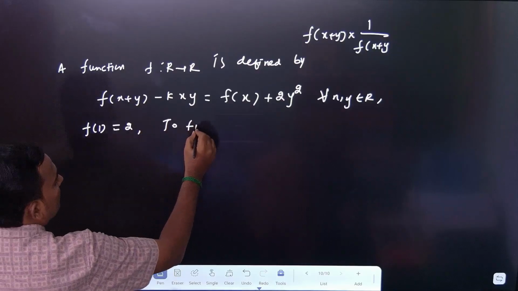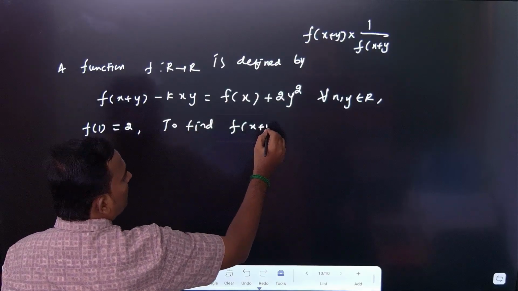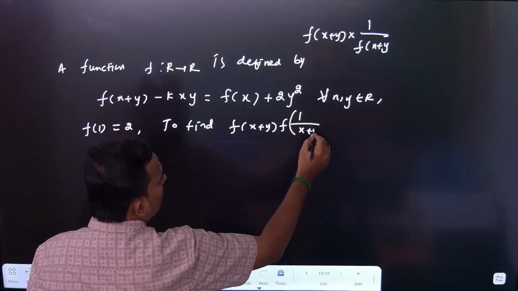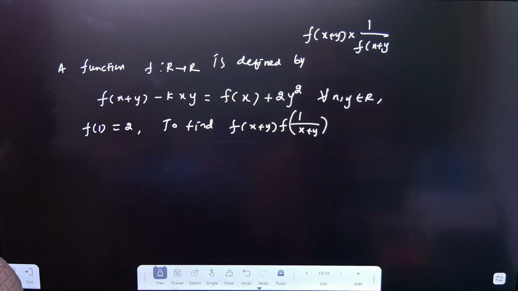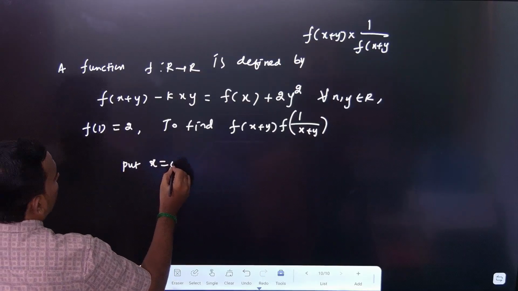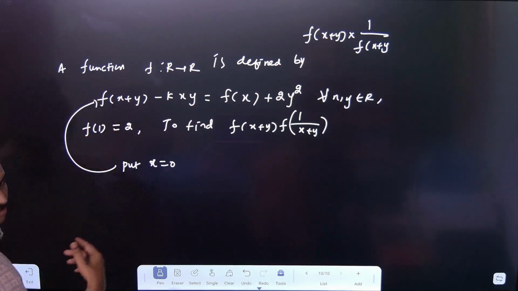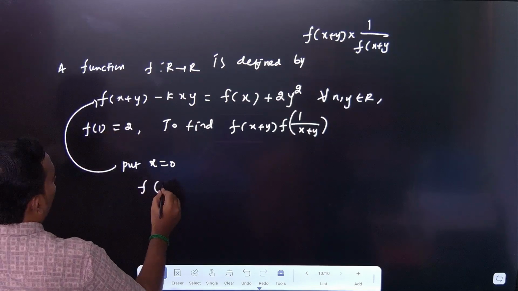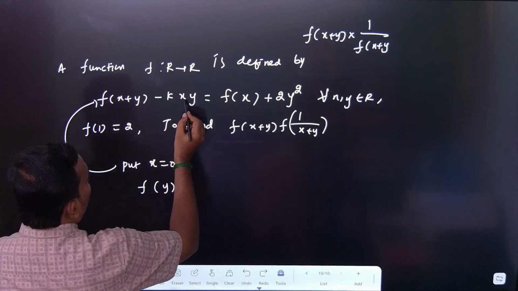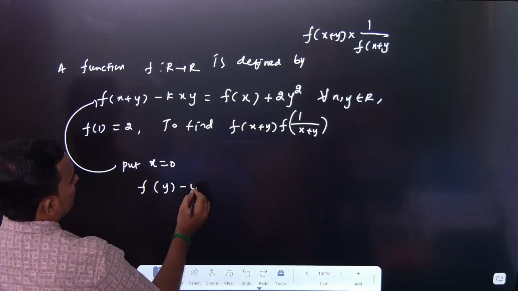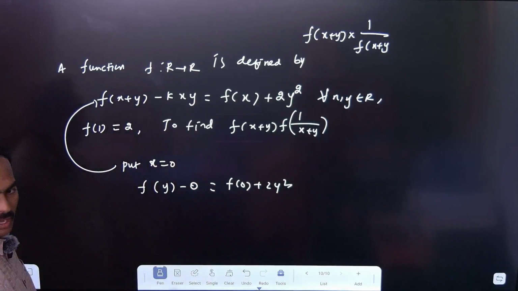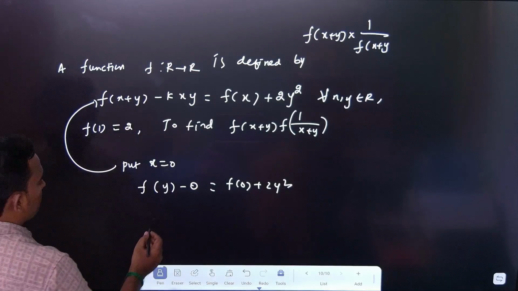To find f of x plus y into 1 by f of x plus y, we need to calculate, correct? So what you can do, in these kinds of questions, put x equal to 0, you can just substitute. We can find the function. f of y is equal to f of y, so you are putting x as 0, that will be f of 0 plus 2y square. y may be any variable, so you can consider x also.